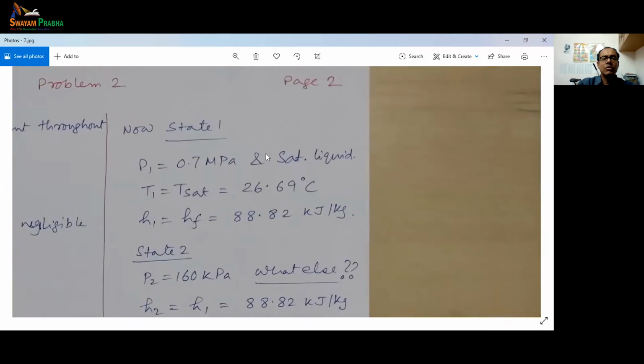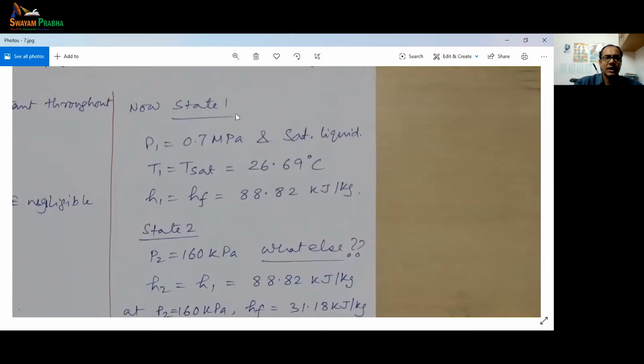Okay, so now we obtain that H will be constant, but what is the quantity of that H? That we have to find out. First one is state 1. State 1 has pressure given to be 700 kPa or 0.7 MPa, and it is saturated liquid. So at this particular pressure we have to look up the values corresponding to saturated liquid.